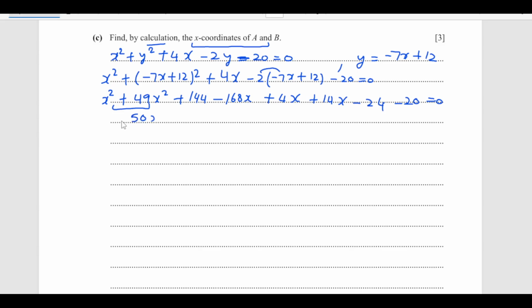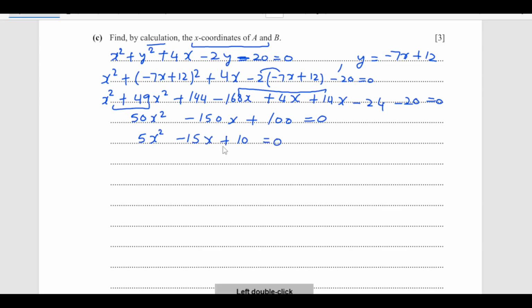So, this is 50x squared, then for x terms we have these 3 terms here, so it is negative 150x, plus 100, equals 0. Now, all of these are multiples of 10. So, I can divide the whole equation by 10. So, it will be 5x squared minus 15x plus 10 equals 0, right.